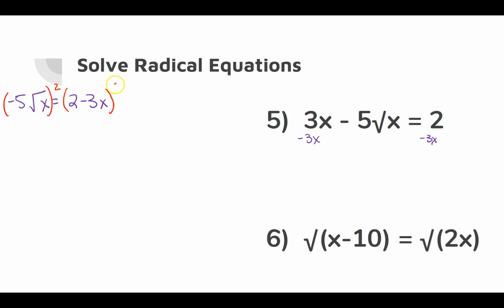Watch me. Challenge accepted. Because what is negative 5 squared? And what's square root of X squared? So this becomes 25X. My other side does not become 4 plus 9X squared. Don't do it.